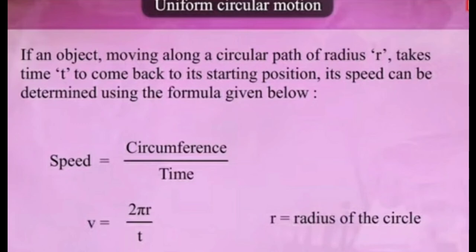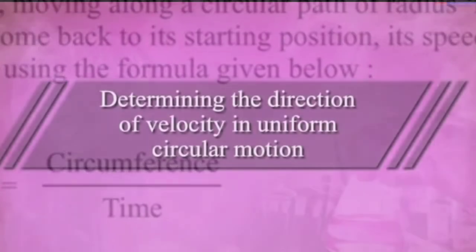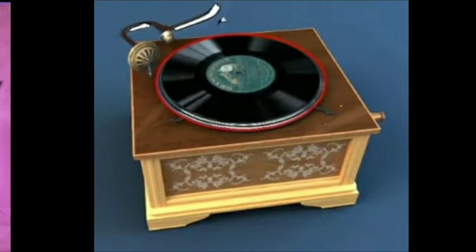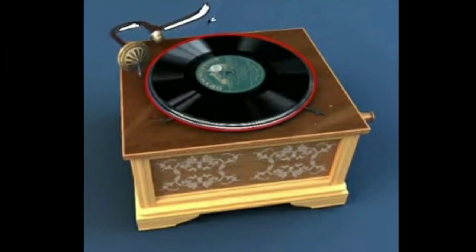Understood, children? Now children, using this concept, let us determine the direction of velocity in uniform circular motion. Let's understand this by doing an activity. Take a circular disc and put a 5 rupee coin at a point along its edge.